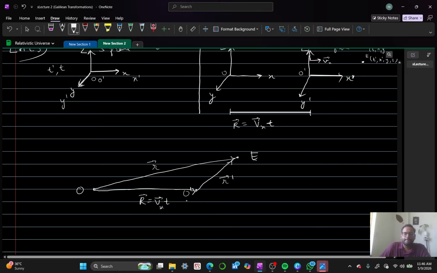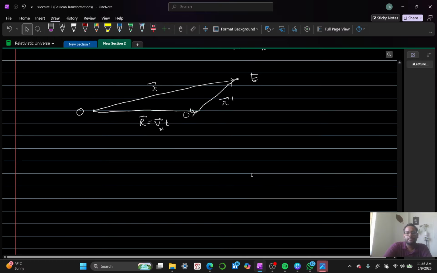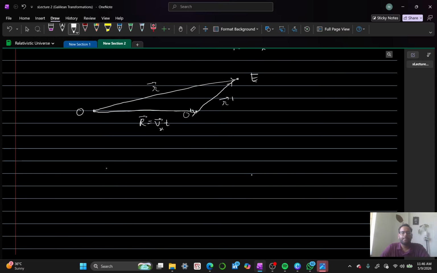So what is the triangle law of vectors? It's a basic 12th class law. How will the equation look? Yes, capital R vector plus r prime vector will equate to r vector.